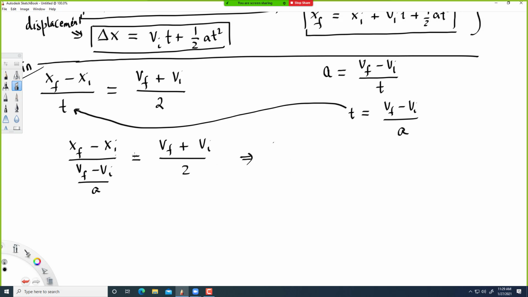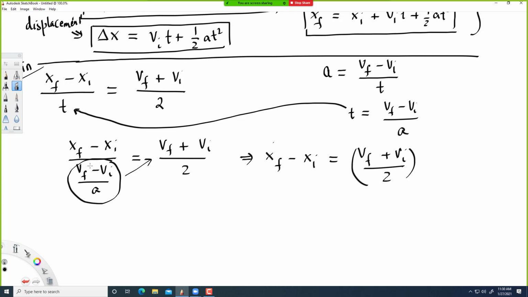So we have delta x minus xi. So we can take this whole thing to the right side. Okay, you can cross multiply that to the right side. So v final plus v initial over 2, and I'm taking this whole thing to the right here.